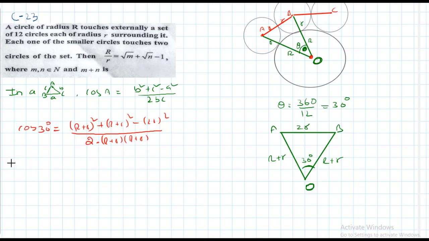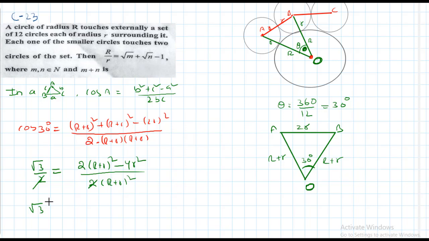Now we need to simplify this. Already you know that cos 30 means root 3 by 2, equal to 2 times (capital R plus small r) whole square minus 4r square, by 2 times (capital R plus small r) whole square. So here the 2 gets cancelled.